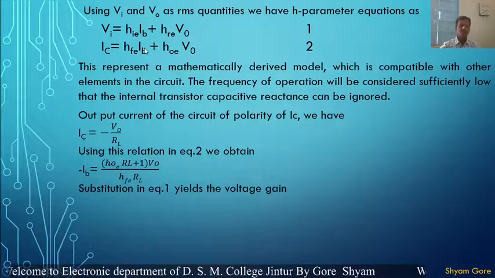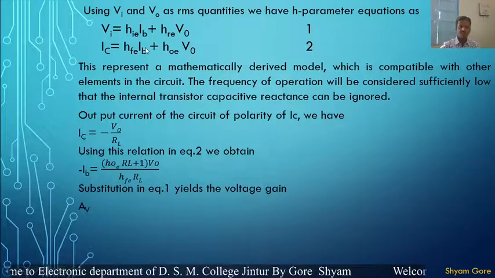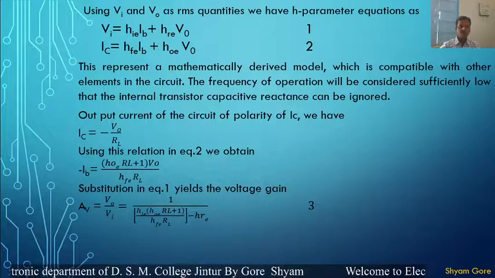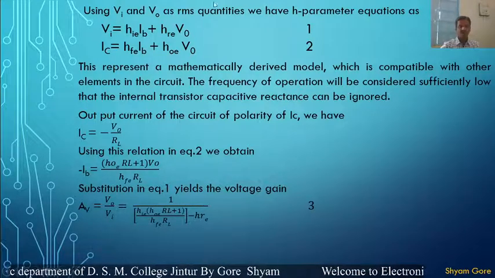Therefore, we get the voltage gain, and here the voltage gain is the output voltage divided by the input voltage, that is VO divided by VI.